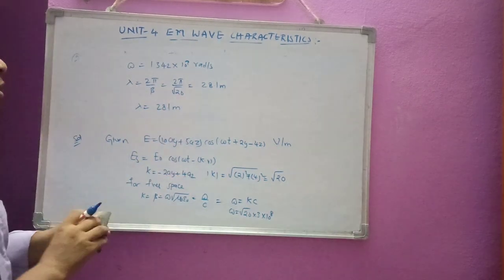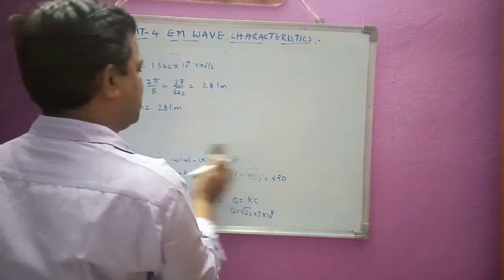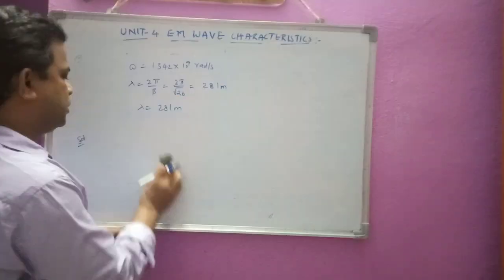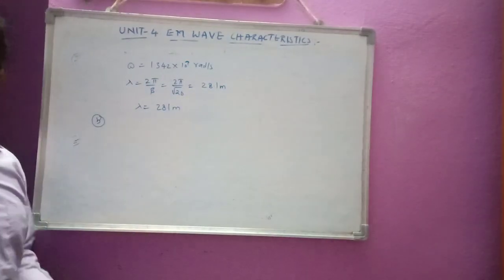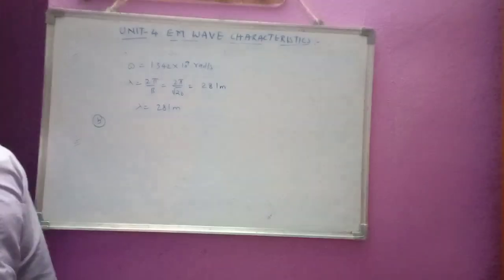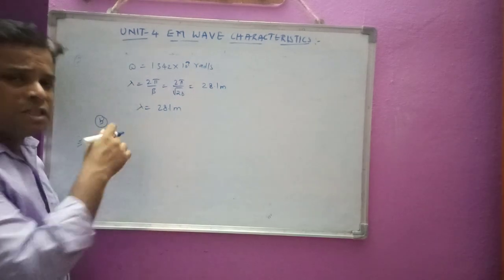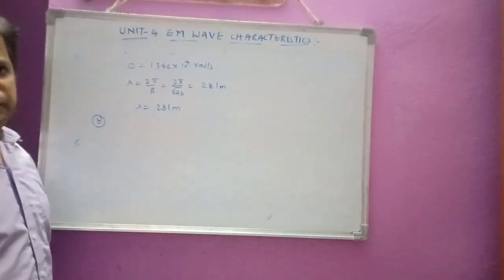Okay, now let us do the B question. We need to find the magnetic field. We have to use the relationship between the magnetic field and the electric field.